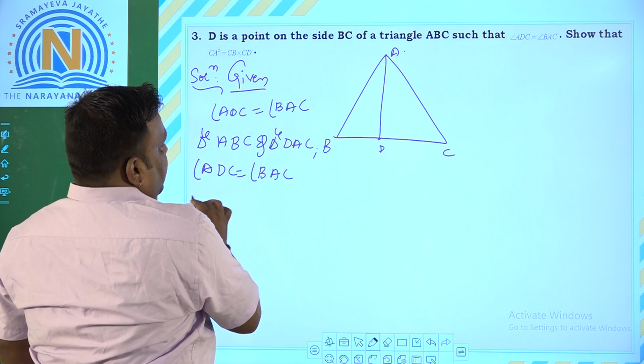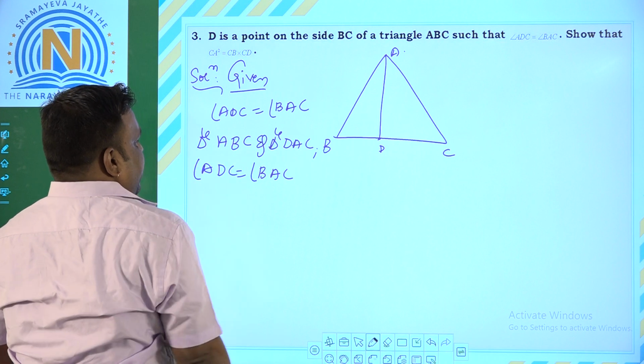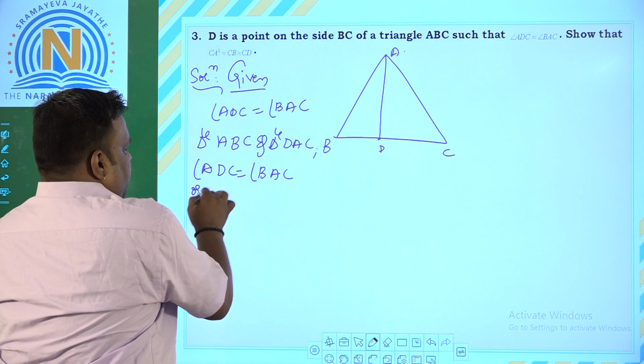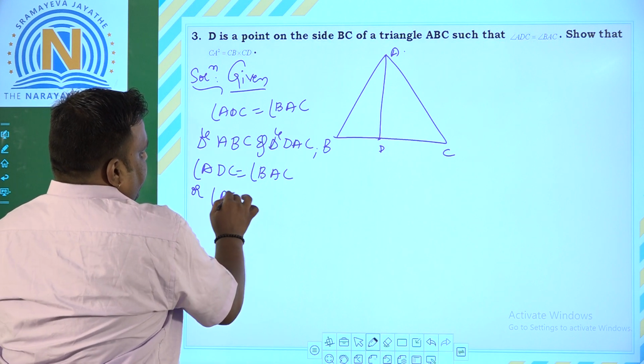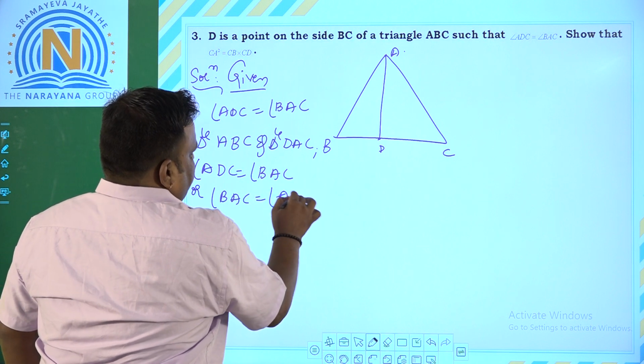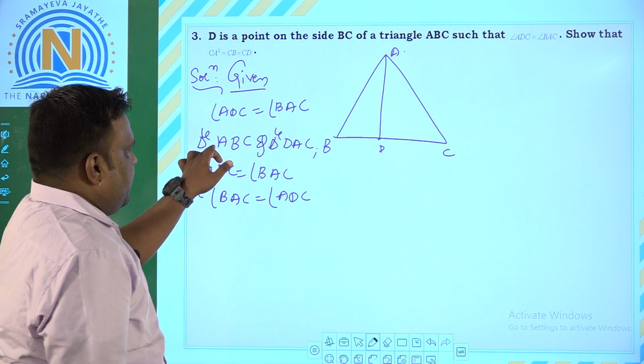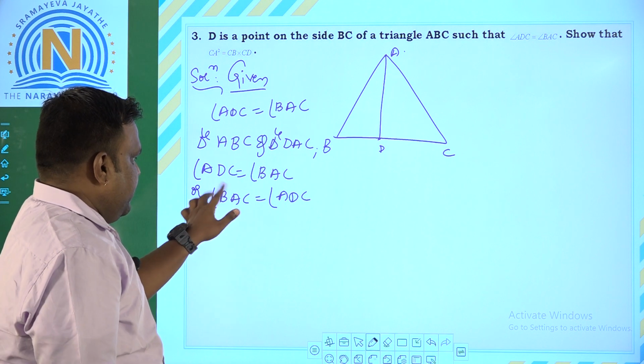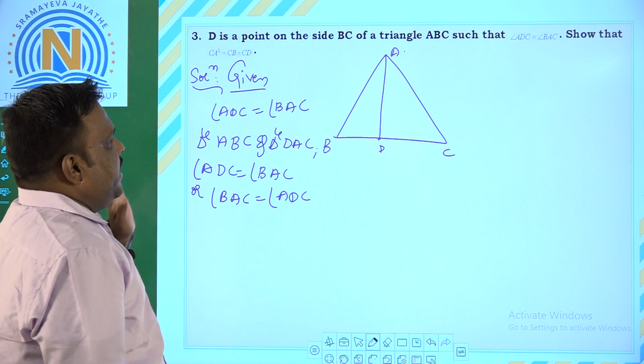Or if you write in a similar manner, angle BAC is equal to angle ADC. Both are the same. Since I wrote triangle ABC first, I just wrote it in the reverse manner. This is already given for us.